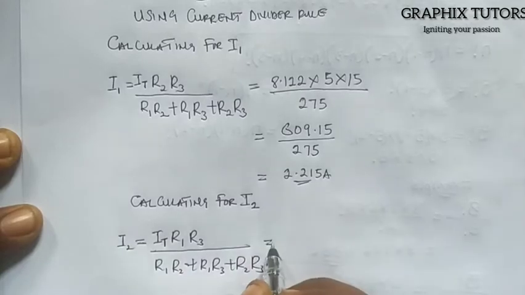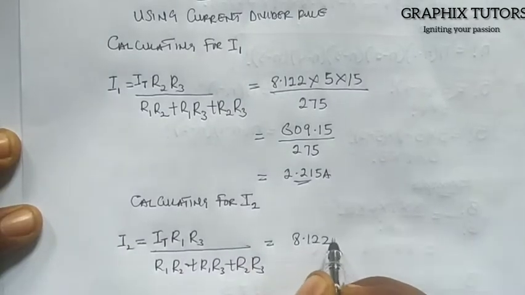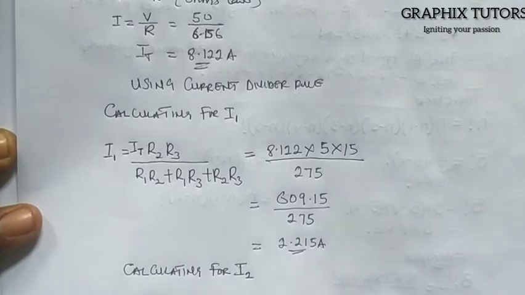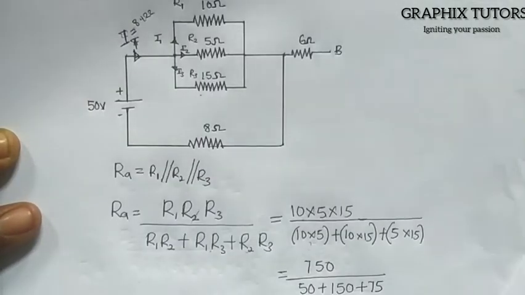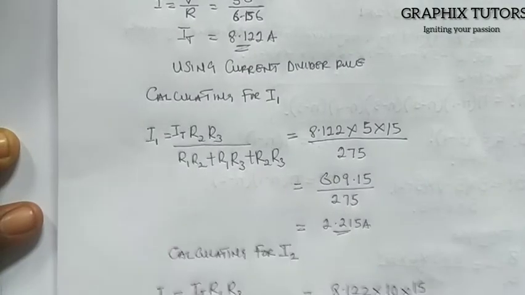So in this case now, my I total is 8.122 multiplied by my R1. My R1 is 10. So multiplied by 10. And my R3 is 15, multiplied by 15. All over, everything here remains the same. Nothing changes. So everything is 275. Are we good?